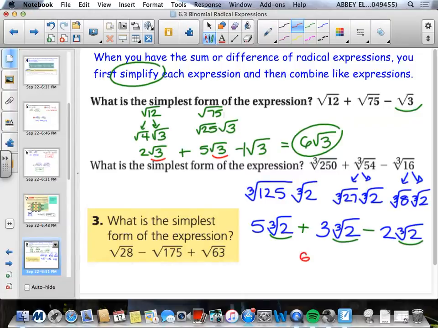That gives me 6 cube roots of 2. This is why yesterday it was so crucial that we discovered how we simplified radicals based off of square roots and cube roots. I will leave you to do the last one on your own.